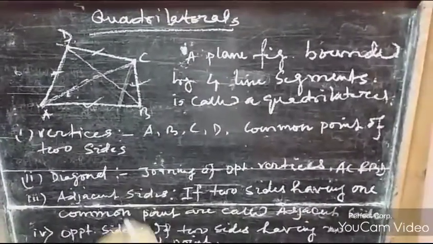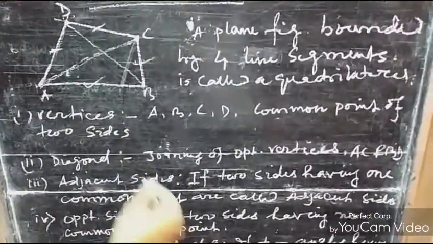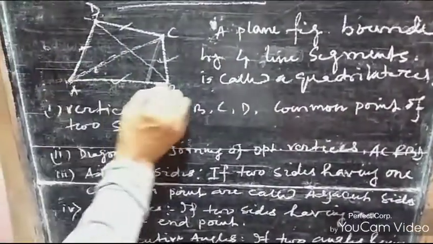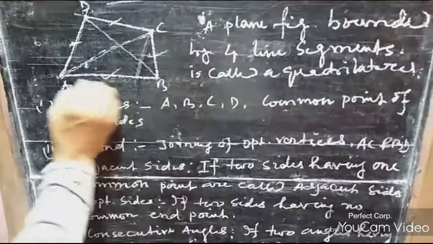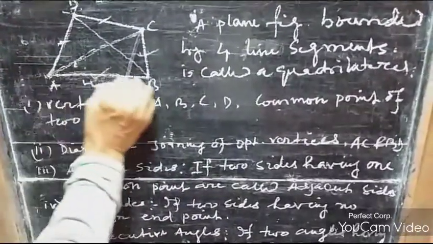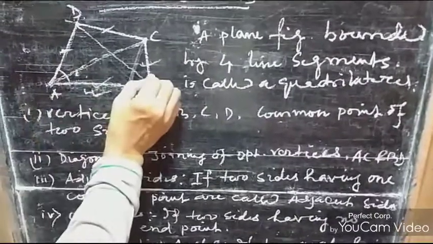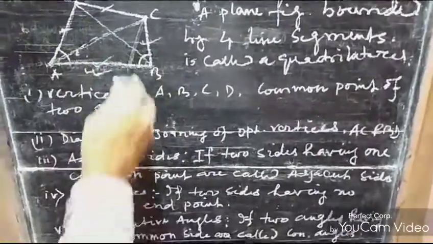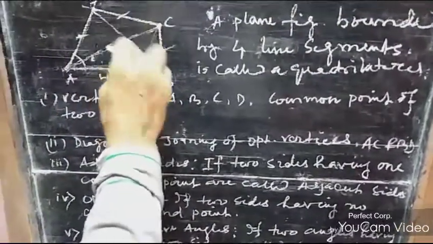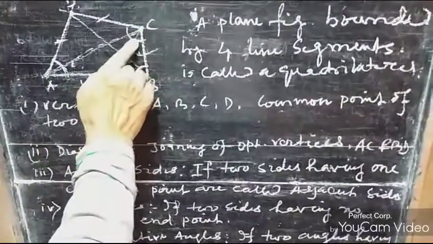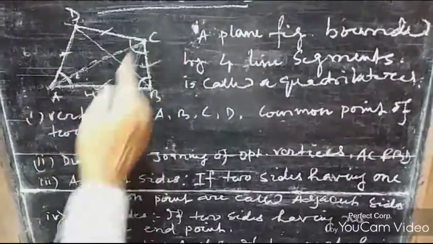Then consecutive angles. What is this? Consecutive angles means two angles, suppose DAB and CBA. These two angles have AB as the common side. This angle and this angle are called adjacent angles, if two angles have one common side. If it is not common, see this angle and this angle, angle C and angle A, there is no common side over here.